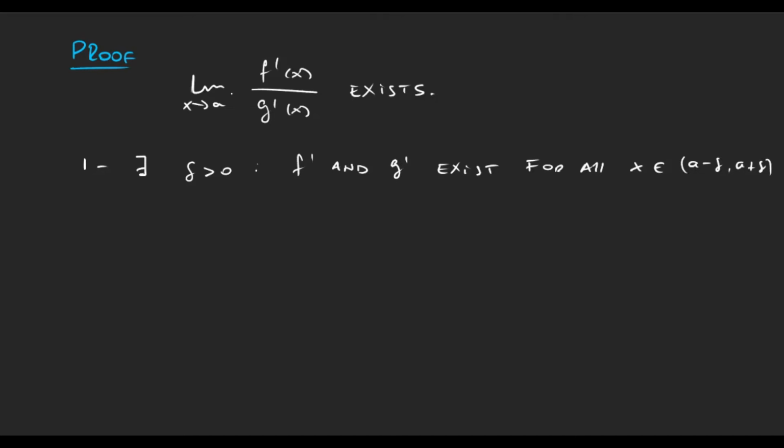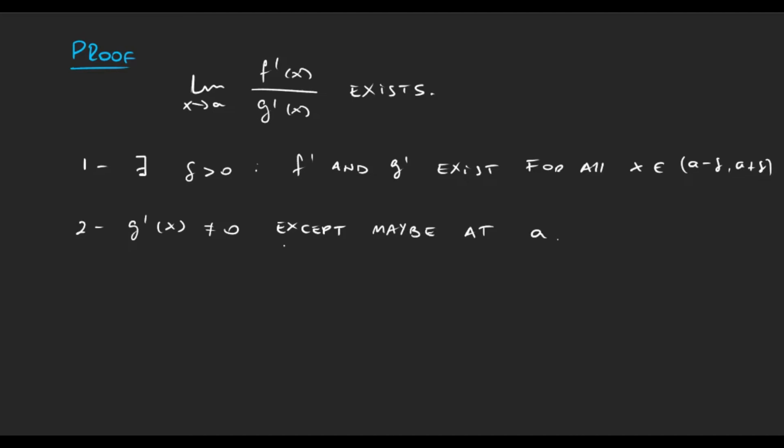Because we know that the definition of a limit implies this, the limit is a local definition. And the second thing we can say is that g prime in x is different to 0 because we are dividing by it, except maybe at a.